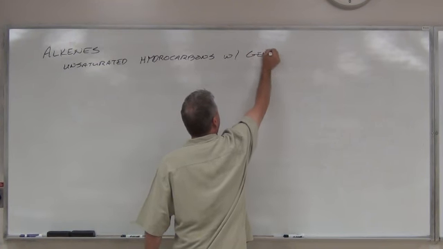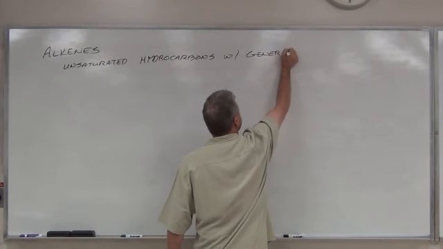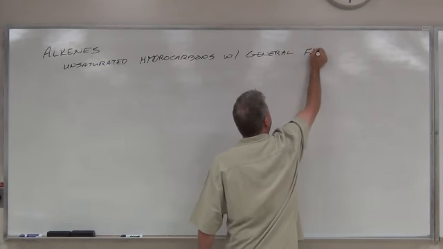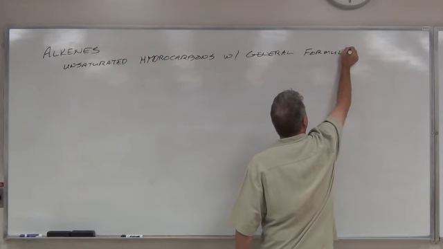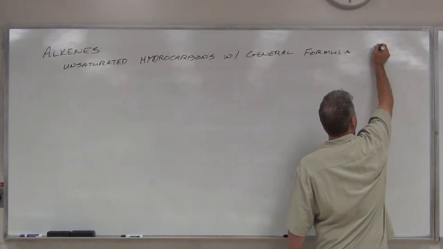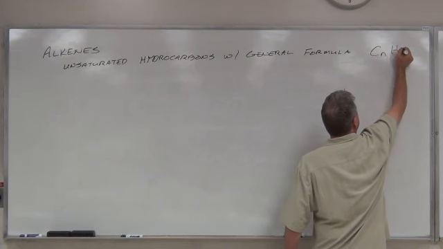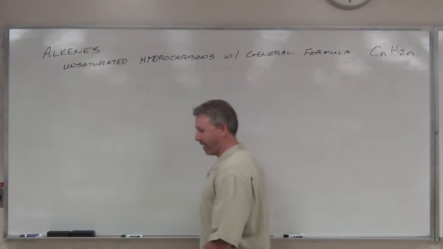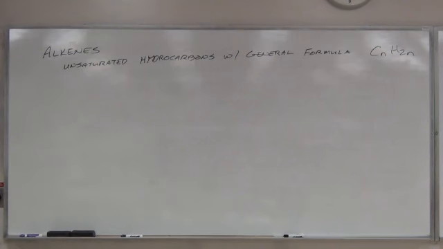The general formula, I'm gonna write it over here: CnH2n. Alkenes are unsaturated hydrocarbons with a general formula CnH2n.